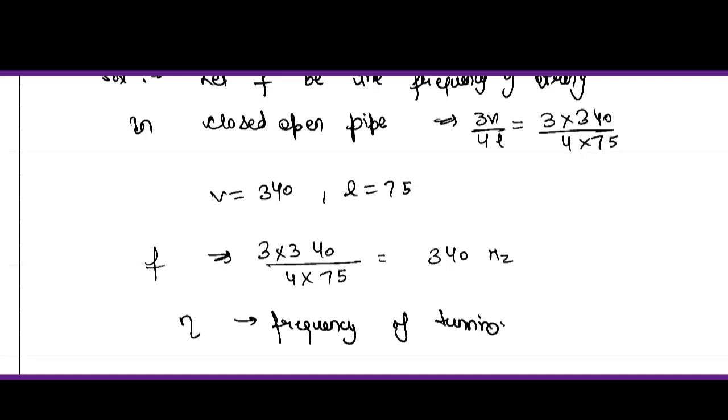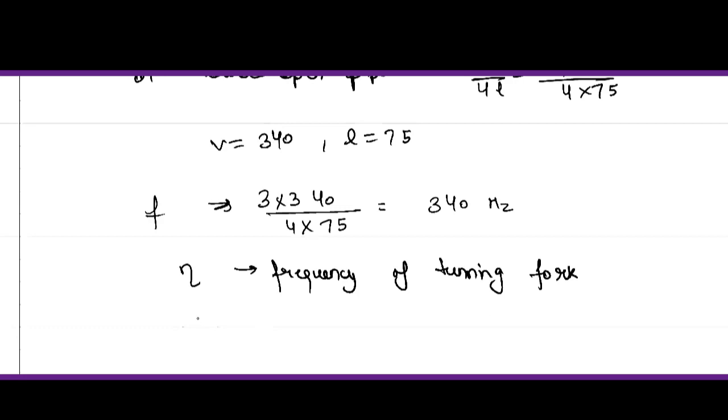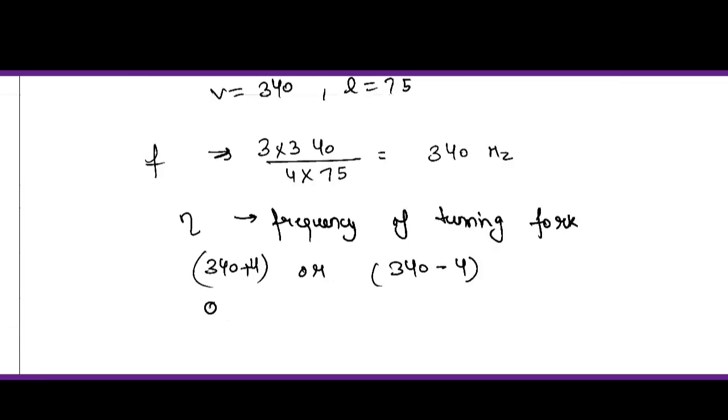The tuning fork frequency must be an addition or subtraction of 4 beats. So n is either 336 or 344.